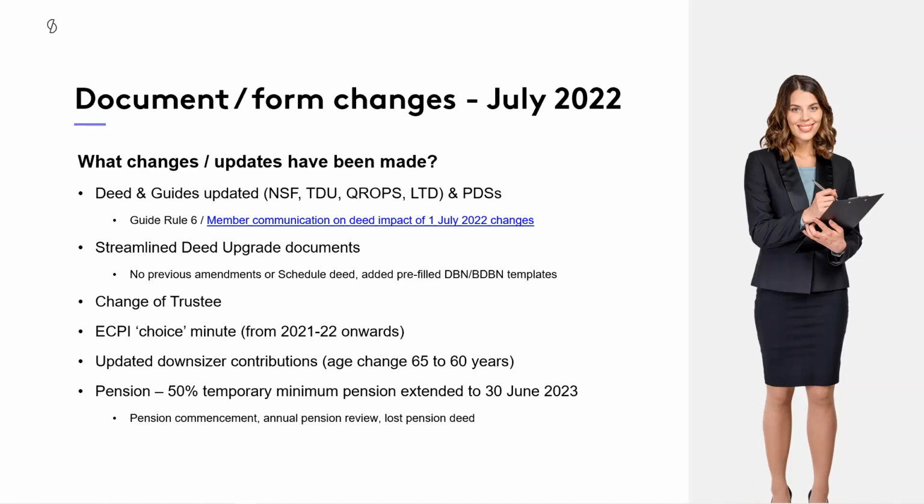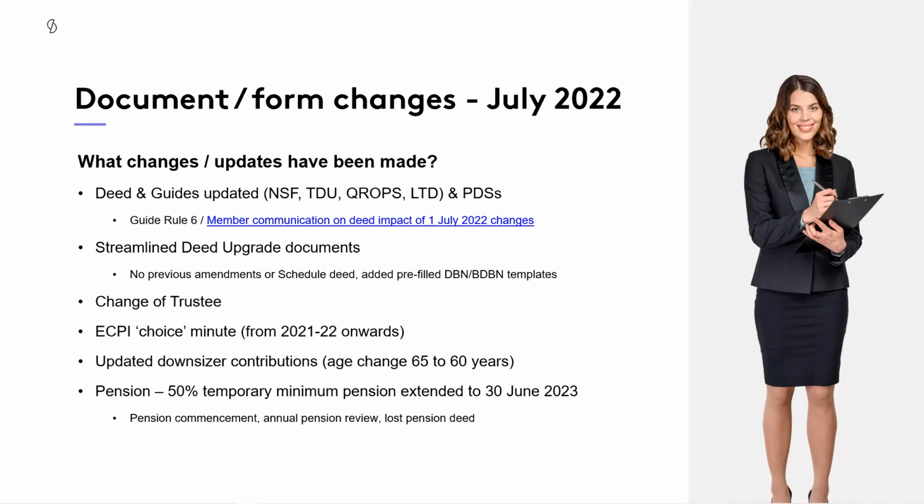Now, the other thing that we have also recently added is the choice method that we now have available in the 2021-2022 SMSF annual return, where if we have both segregated and unsegregated pension assets, and there is a choice made to use the unsegregated method for the entire year, there is no formal election required, but there does need to be a decision and some records of that decision made.